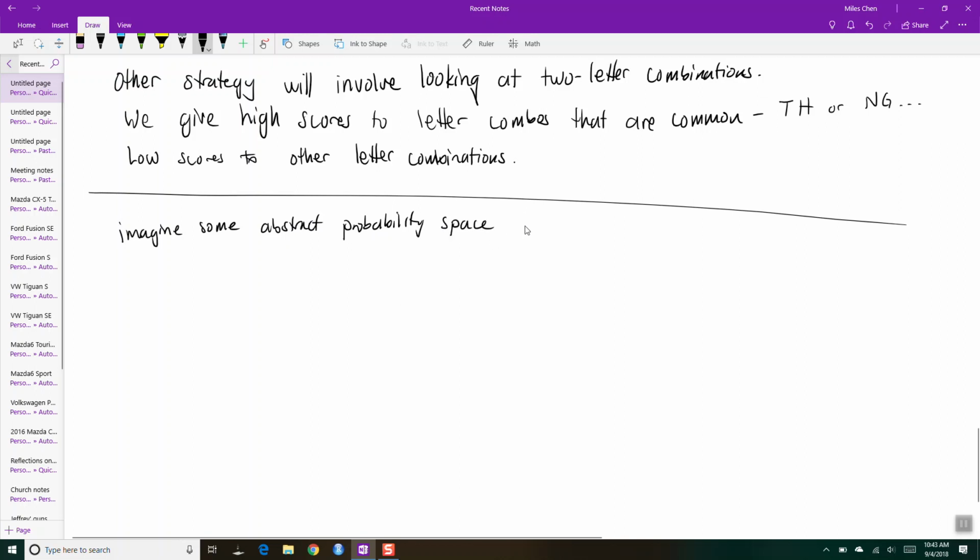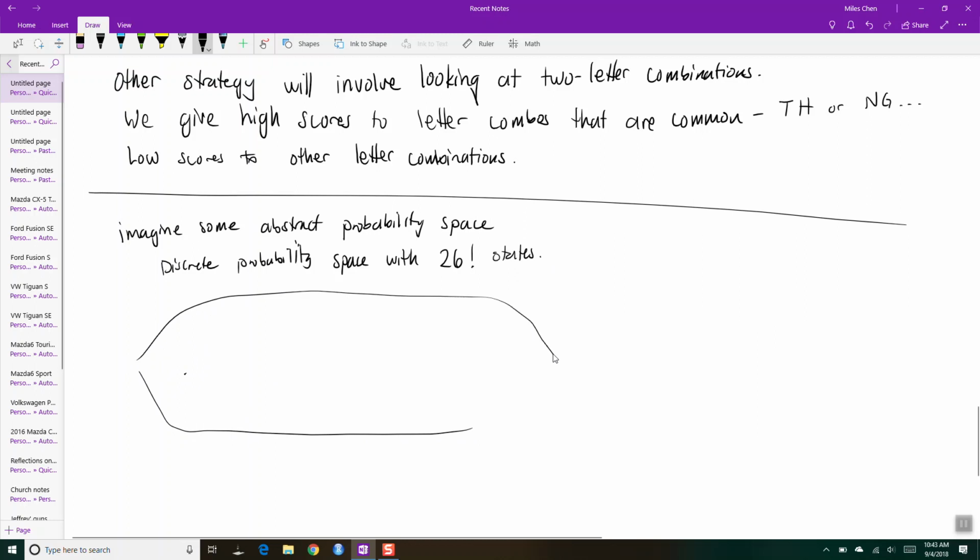It's a discrete probability space with 26 factorial states.